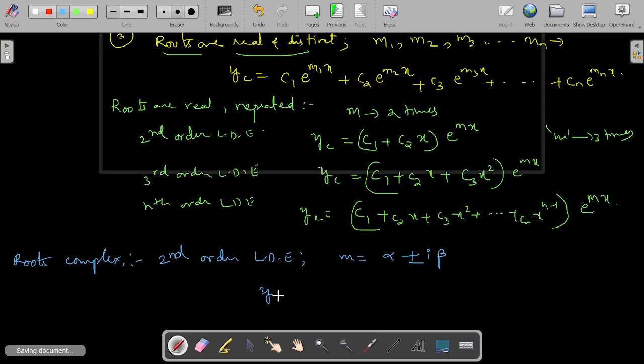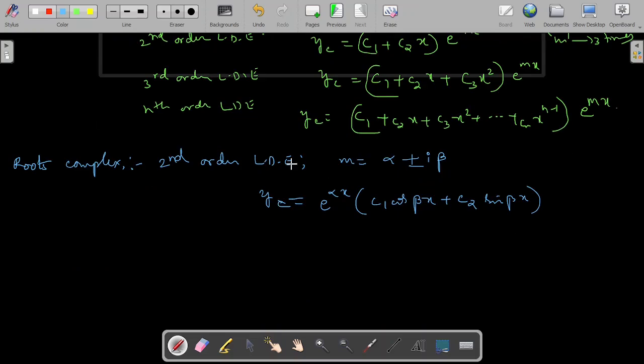So in this case, you write the complementary function as yc equal to e to the power alpha x into, that is common, (c1 cos beta x plus c2 sin beta x). This is how to write the complementary function for a second order linear differential equation.